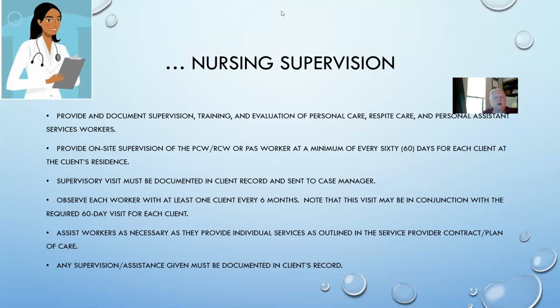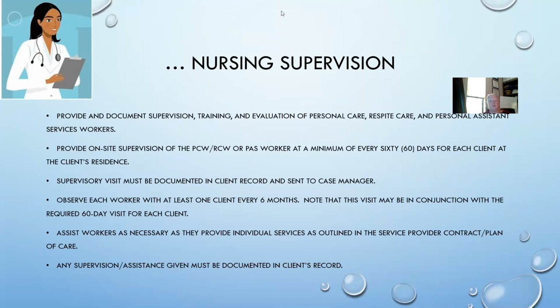So you have to go out and see the client every 60 days, and not every 2 months, but every 60 days. So you need to chart that. And every 6 months, you have to evaluate the worker.